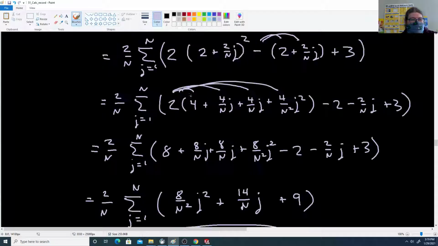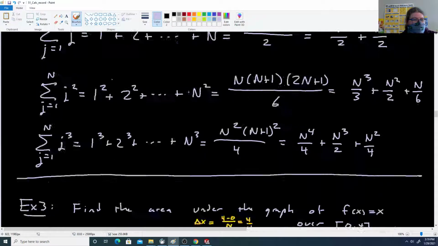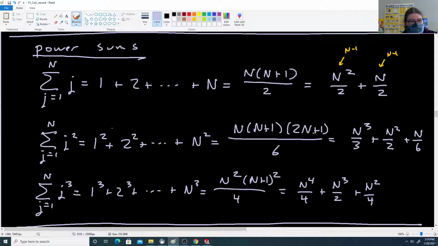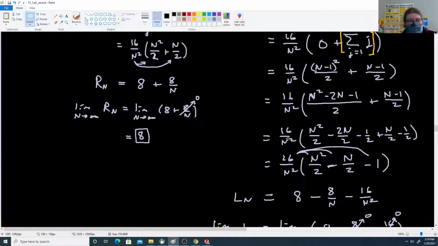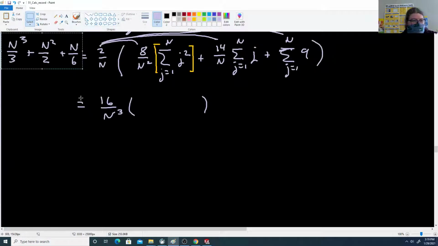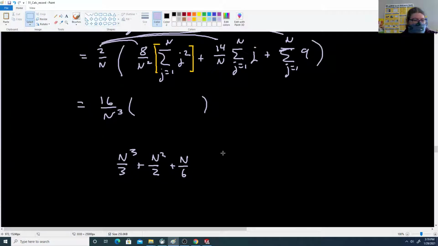This is the power sum for j squared, which is n cubed over 3 plus n squared over 2 plus n over 6. I'm just going to paste it down here so when I write it in, I make sure I write it correctly. So we got n cubed over 3 plus n squared over 2 plus n over 6.